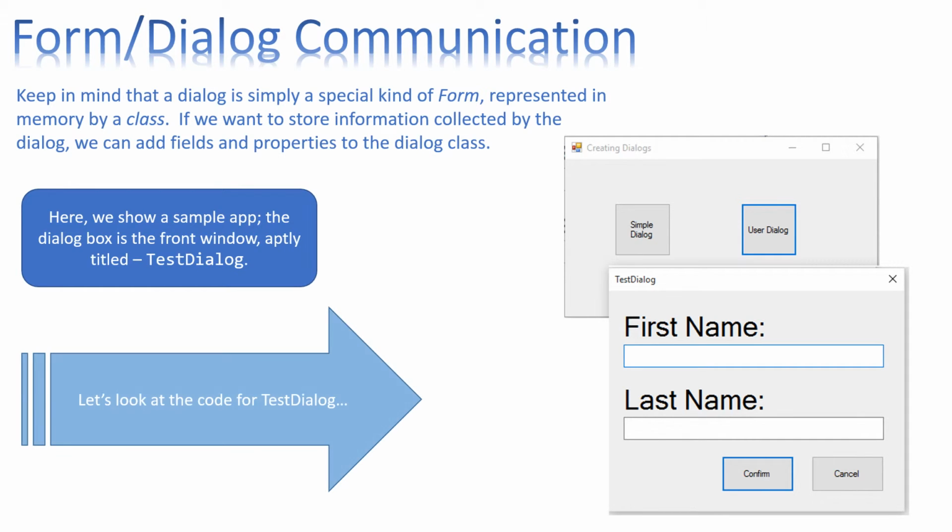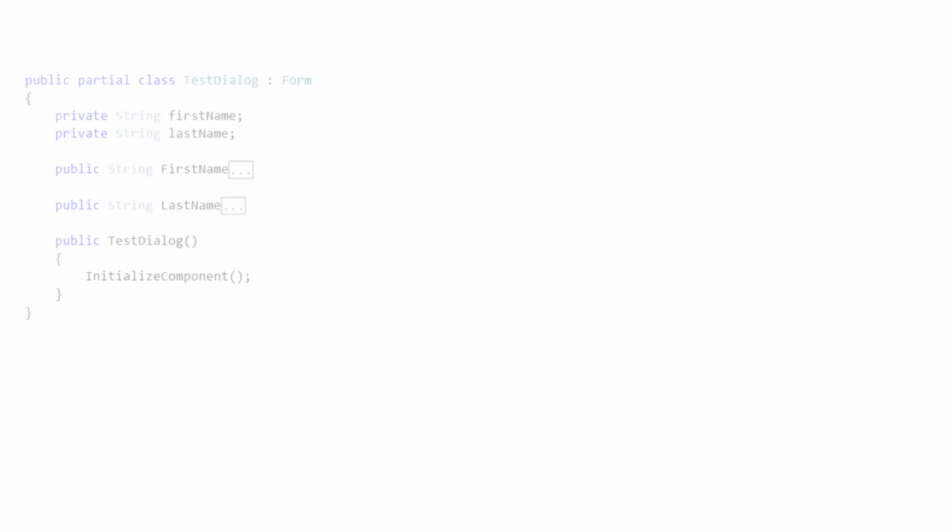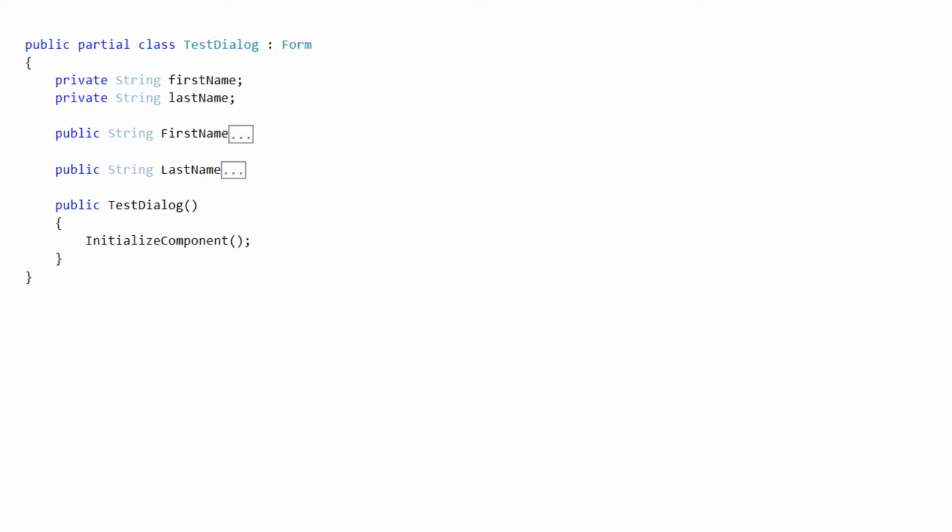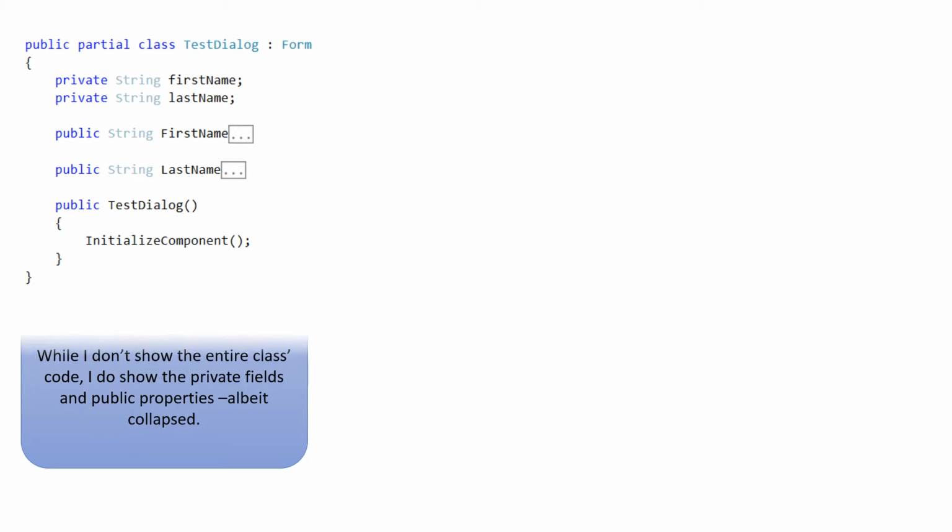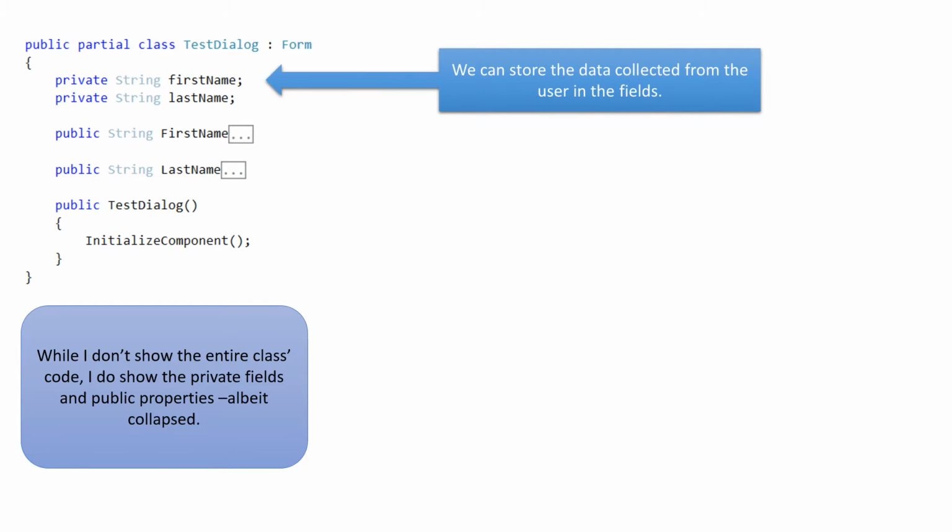Now let's look at the code for this class. Here we have part of the code for our test dialog class. While I don't show the entire class's code, the private fields and the public properties are shown, albeit I collapsed the public properties so that I could save space.